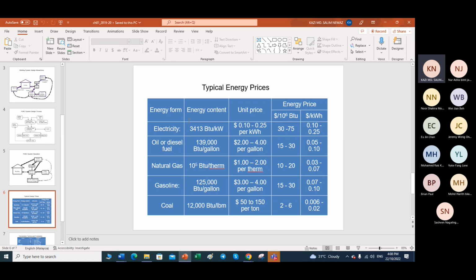So in this case, looking at typical energy prices, we see the generation of electricity, energy content, and unit price, and the energy price per unit, that is, how much this energy costs. When diesel fuel is being used, if we see the electricity BTU per kilowatt, then equivalent oil or diesel will be this many BTU per gallon.